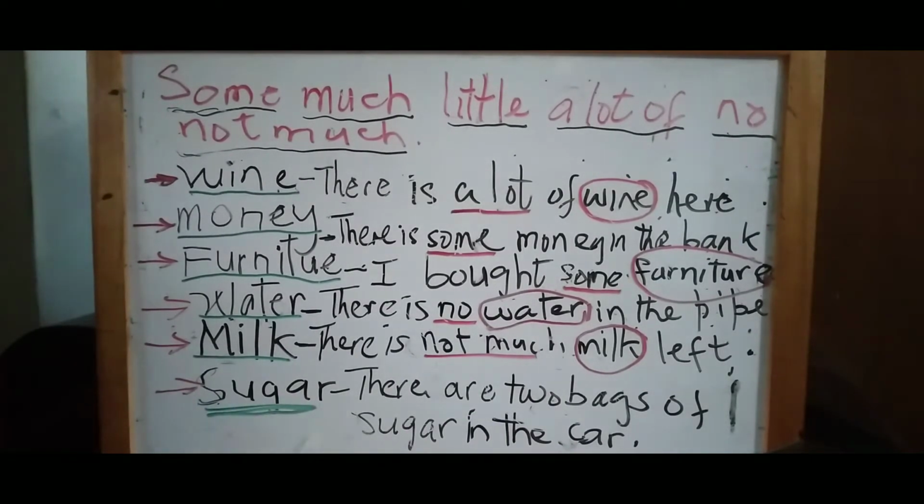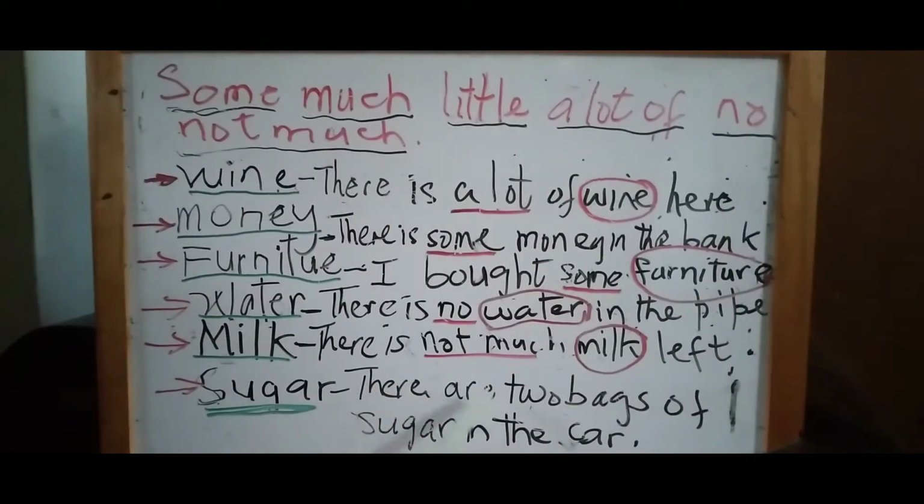You might be asking how come? Now I'm going to explain. This is an exception to the rule. You can use a countable noun in a sentence with an uncountable noun, and in that case you could use a number, or sometimes you could use a or an. That's an exception to the rule.